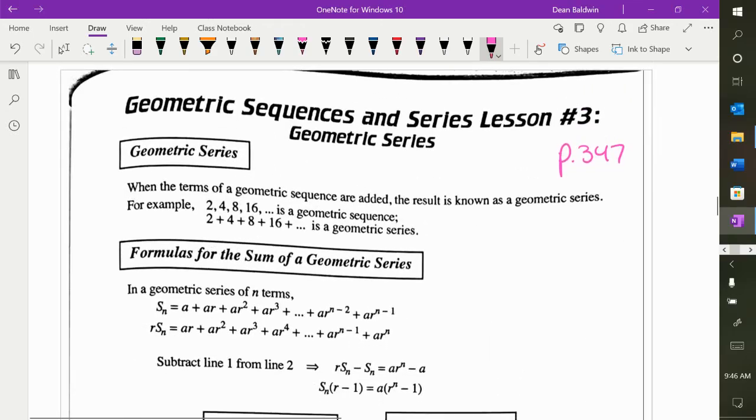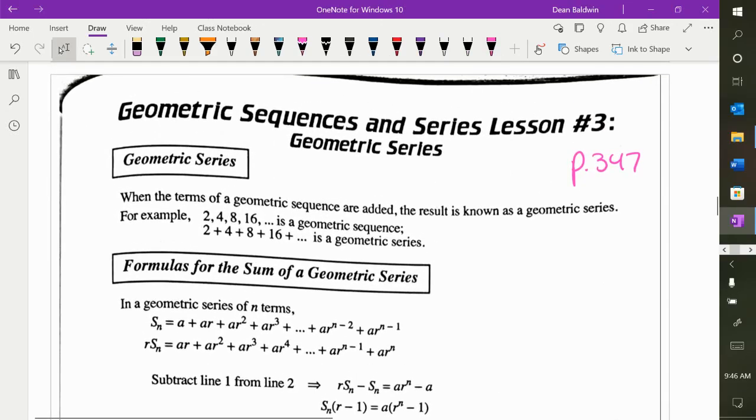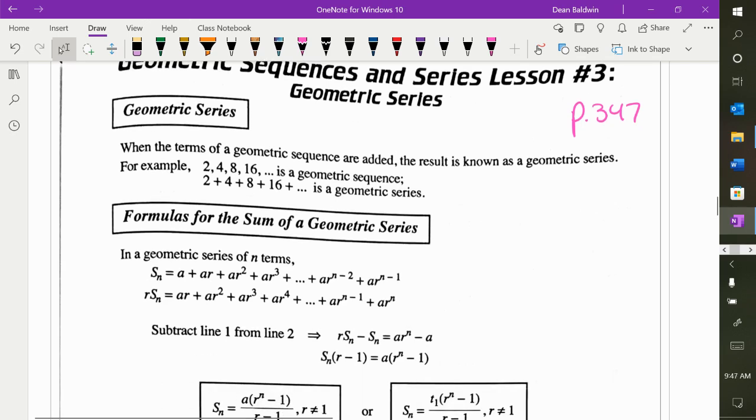So the next bit in geometric is adding up a sequence, to sum it. When you have the numbers listed individually with commas, that is called a sequence.